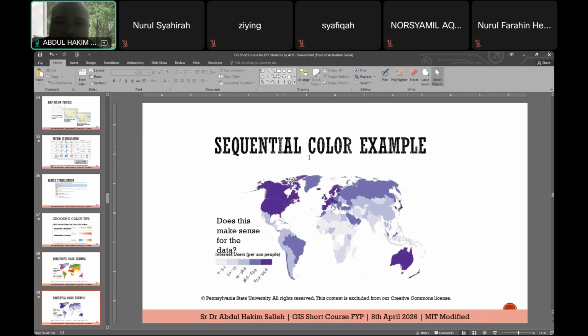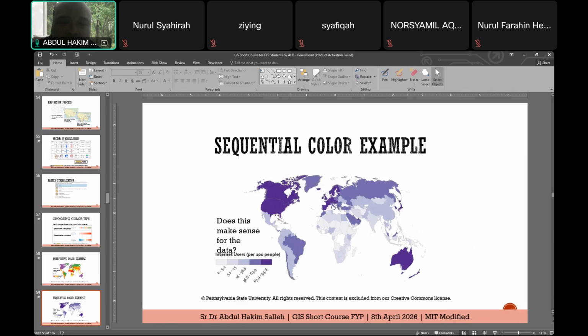This is the sequential, where it gives you the intensity of some information. Like this one, it wanted to show you the internet users per 100 people.